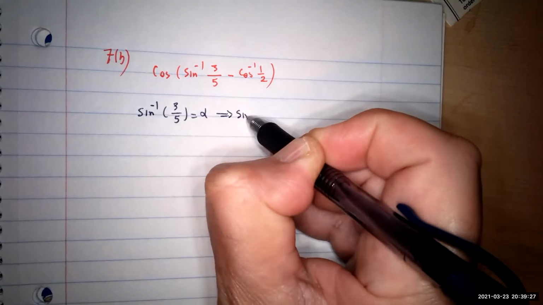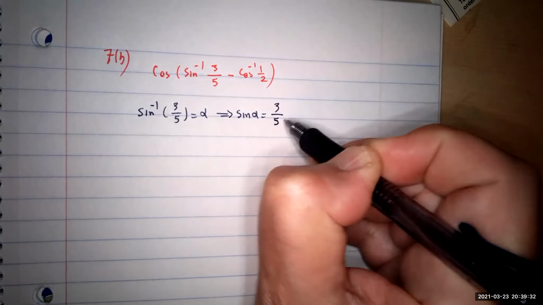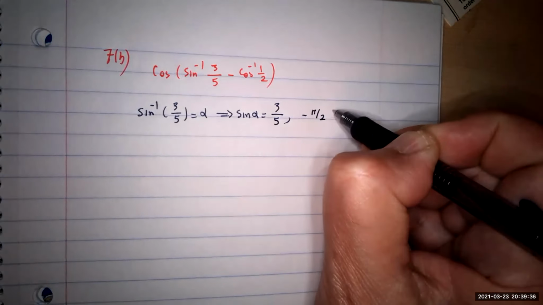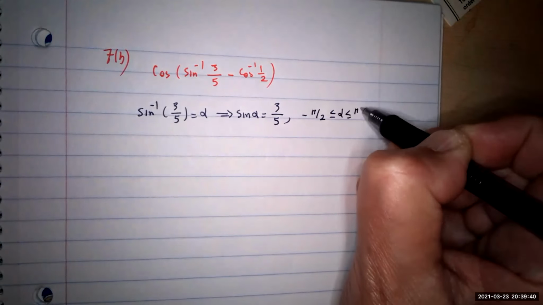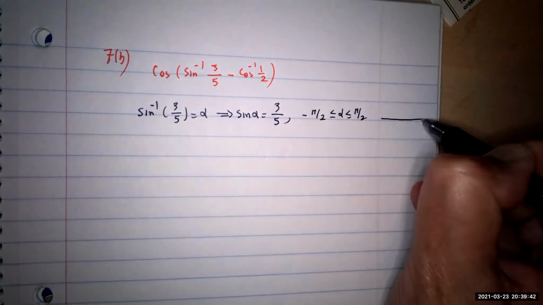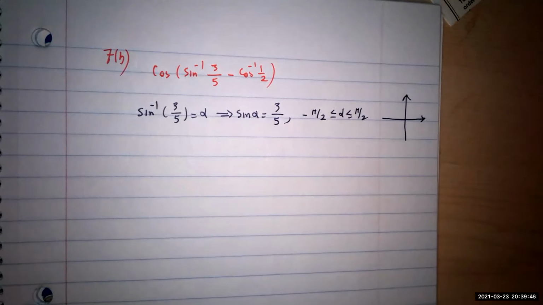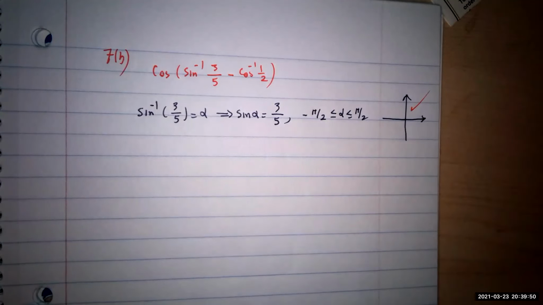That gives you sine of alpha equals 3/5, and the restriction is alpha between negative pi half and pi half. That tells you that you are in the first quadrant again, because the sine is positive.